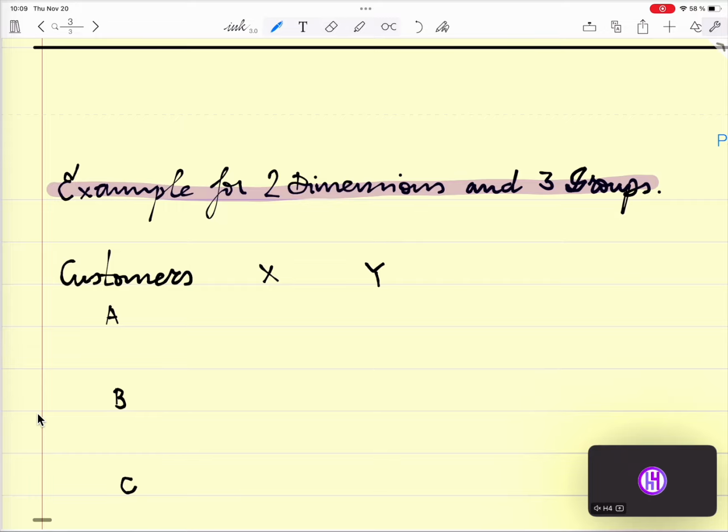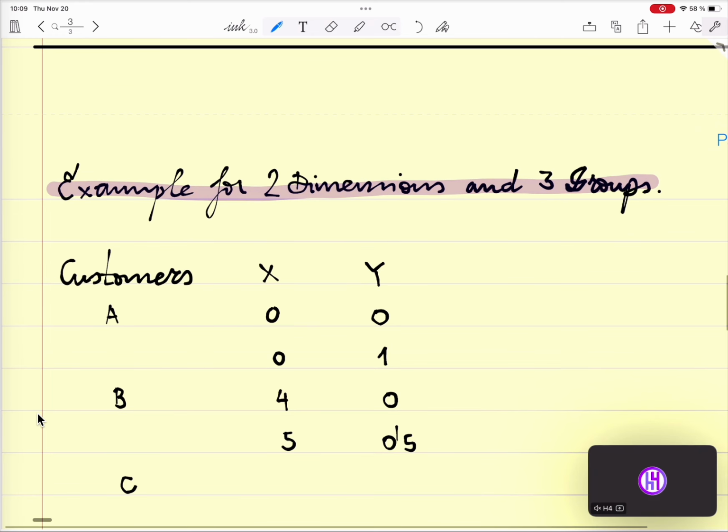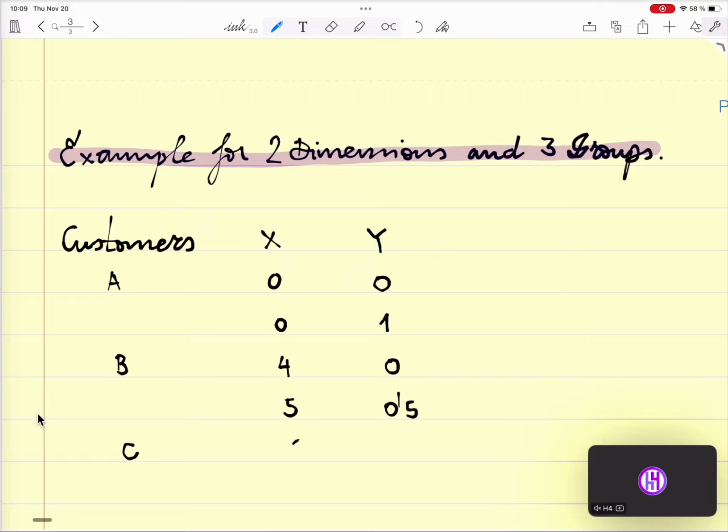So their position in the map is 0, 0, 0, 1, 4, 0, 5, 0.5, and then 2, 4, and 3, 3.5.